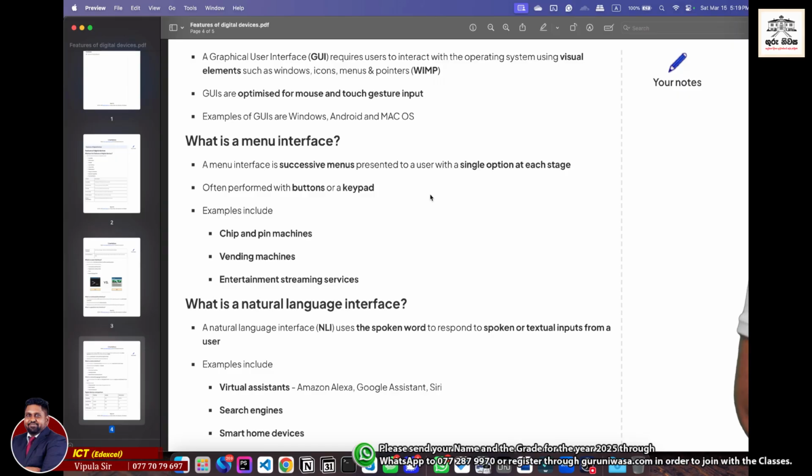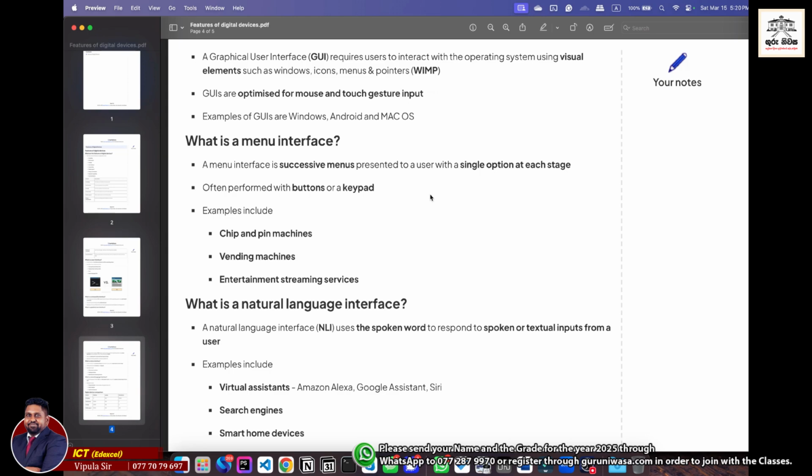So this is also one important type of interface, which is known as a menu, where it will basically give you a certain set of menus to interact with a device.